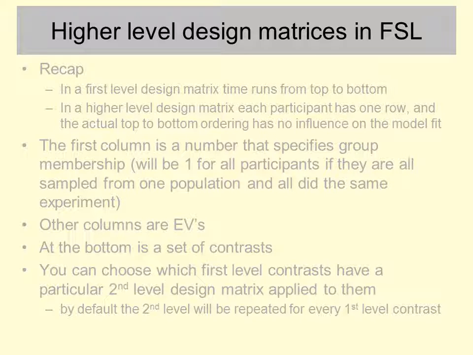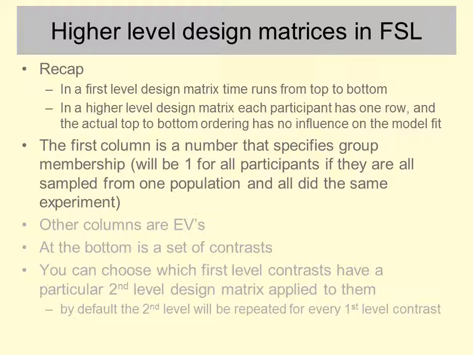Let's do a recap of higher level design matrices. Remember that in a first level design matrix, time runs from top to bottom, whereas in a higher level design matrix, each participant now has one row, and the actual top to bottom ordering has no influence on the model fit, but experimenters tend to group together participants who've done particular experimental conditions because it makes it easier to interpret the design matrices.